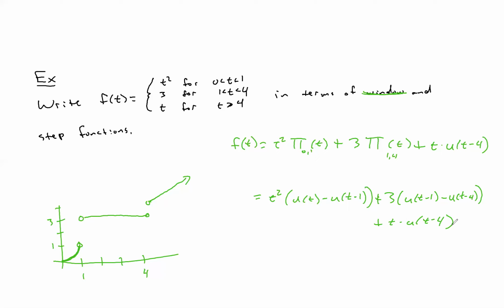Now, I suppose we could clean this up a little bit because we've got a u of t minus 1 showing up in a couple of different places. We've got a u of t minus 4 showing up in a couple of different places. So let's go ahead and distribute everything out and collect things together a little bit. All right, so let's see, what does this look like? I've got t squared times u of t.